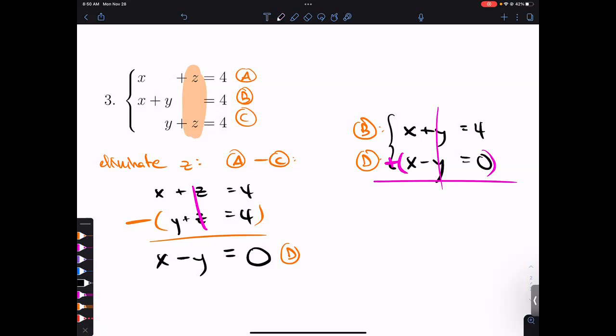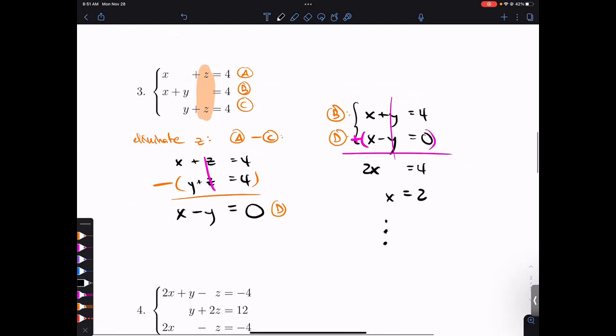So the y drops out. I get 2x is 4, so x is 2. And then we just start working our way back, right? If x is 2, then y must be 2 also. If x and y are both 2, then z is also 2. So 2, 2, 2 is the solution, but I'll let you work through the details.